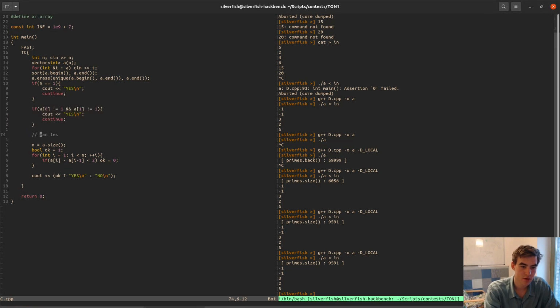If there is a 1 in the array, then I went through the array and looked at all neighboring elements. If all of them had a difference bigger than 1, then OK remained true, otherwise I flipped it to false.